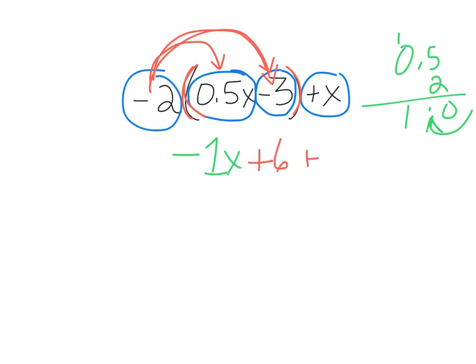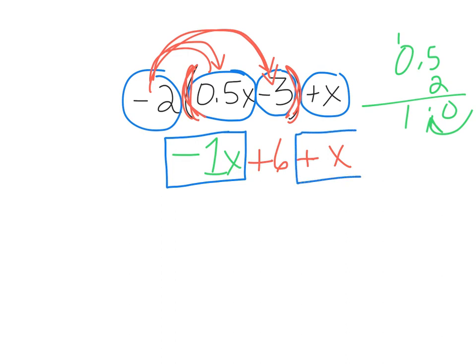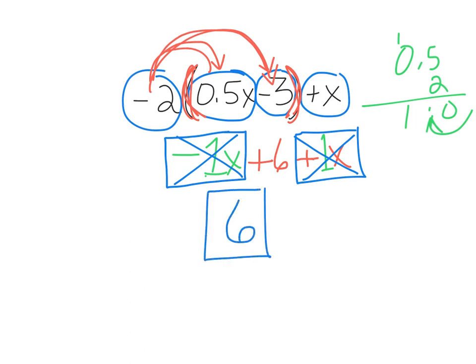And then don't forget we still have this x over here. And I could start to add those together because after I distribute, I get rid of these parentheses right there. So now what can I combine? I can combine this negative 1x with this positive x, which there's really a 1 in front of there too. So a negative 1 and a positive 1, those x's are basically going to cancel out. And so guess what we're left with? Just a 6. Final answer.